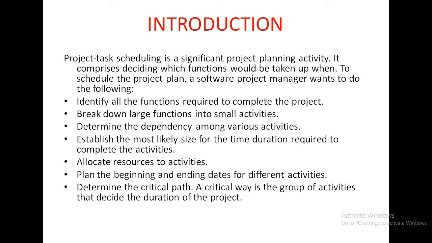Then he allocates different types of resources to different parts of the functions. Then he plans when the project will start and end, the beginning and ending date of the project. Then he determines the critical path of the project.